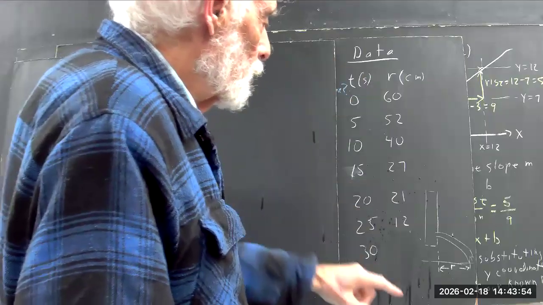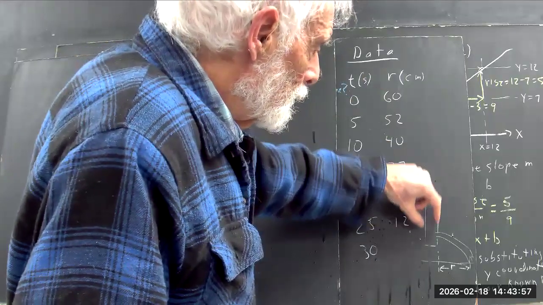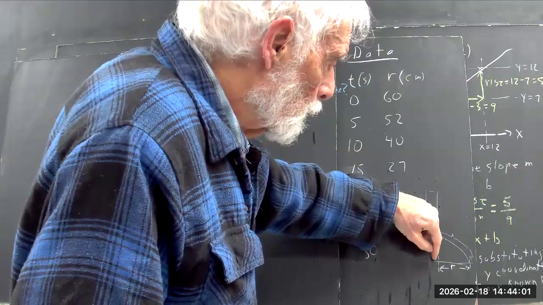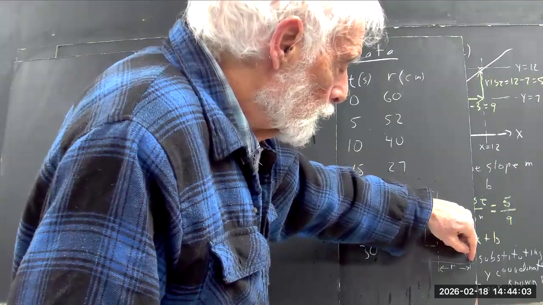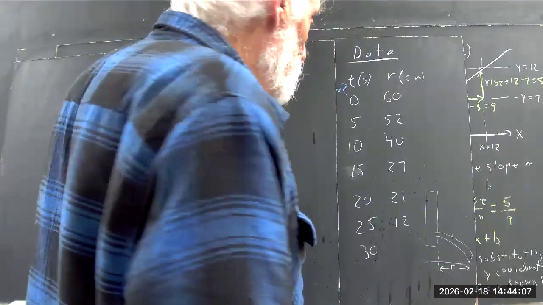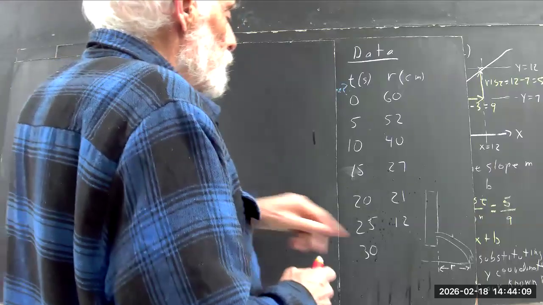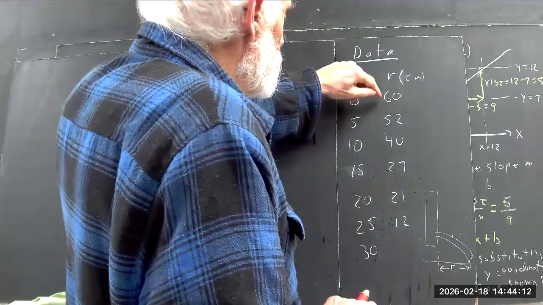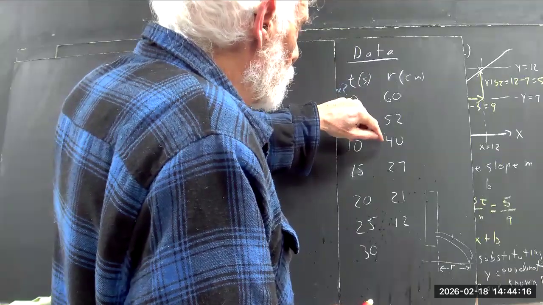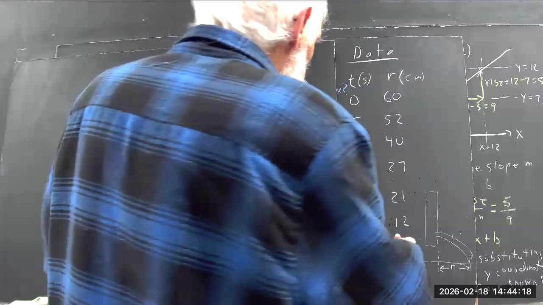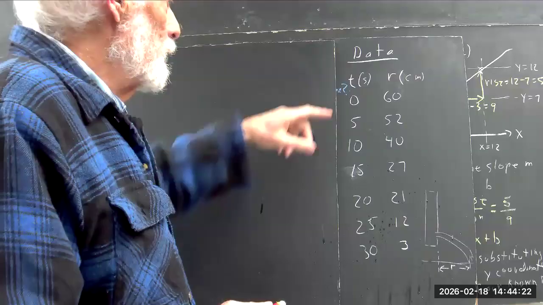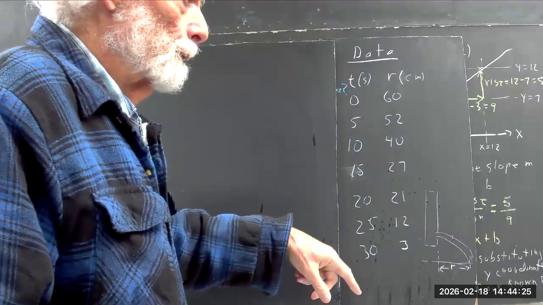Now, what do we mean by r? We mean the distance from a point just below the hole to the point where the stream crosses the top of the container. Okay? So this distance r starts at 60 centimeters, drops to 52, 40, 27, 21, 12, and 3 centimeters at 5-second intervals.